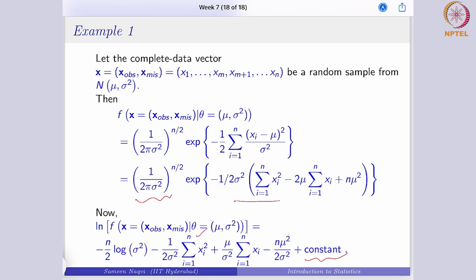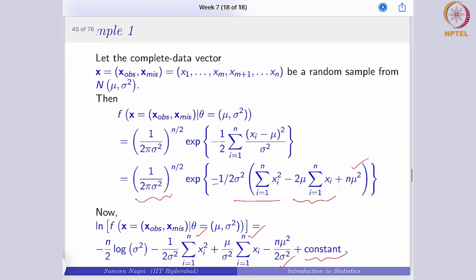From here, you would have again summation xi, so mu by sigma square times summation xi would come. And finally, the last term, minus n mu square over 2 sigma square. Okay, so this is the log likelihood function.